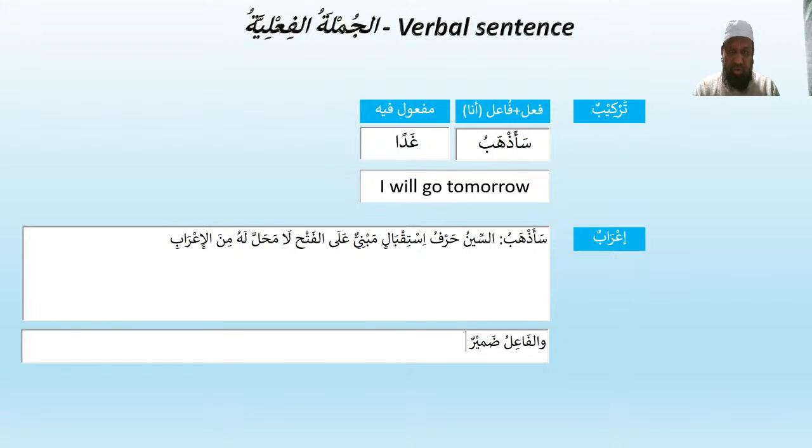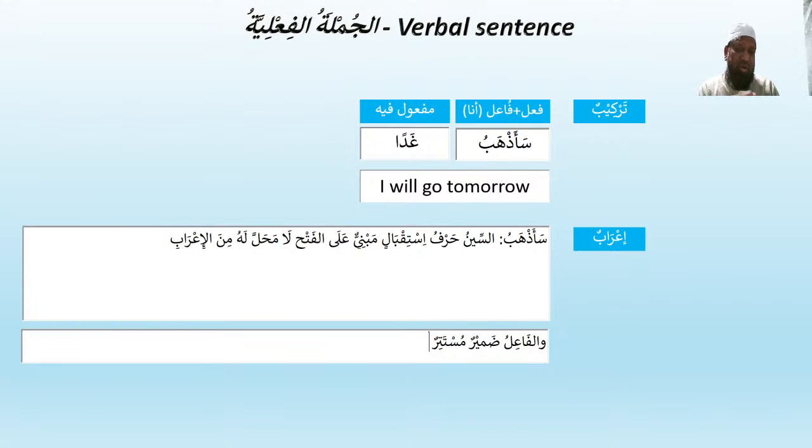Is it barizun or is it mustatir? Do we see the damir? Is it visible? No, it's hidden. So mustatirun, damirun mustatirun. والفاعل ضمير مستتر. Is that from the group of جوازا or from the group of وجوبا?